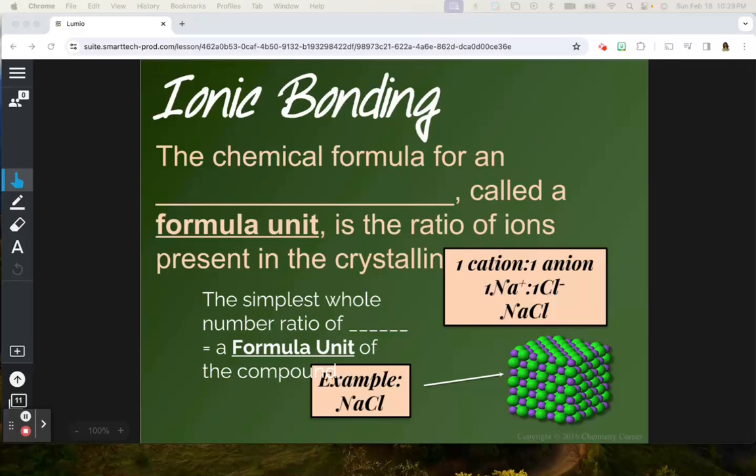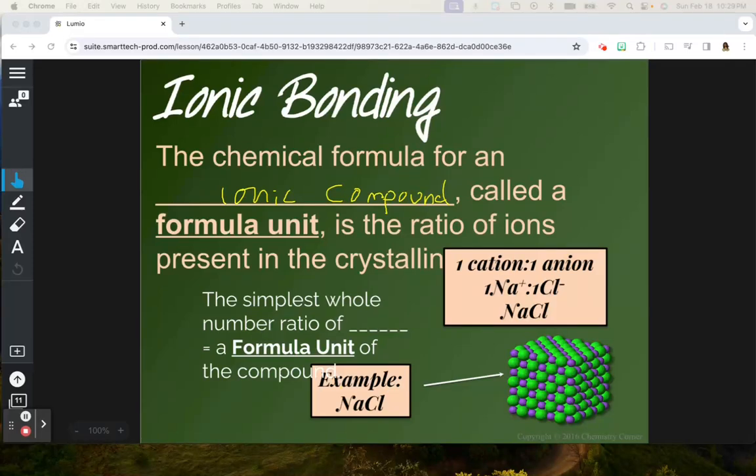All right, so ionic bonding. The chemical formula for an ionic compound is called a formula unit. A formula unit is the chemical formula for an ionic compound. This is the simplest whole number ratio of ions represented in the crystalline structure.